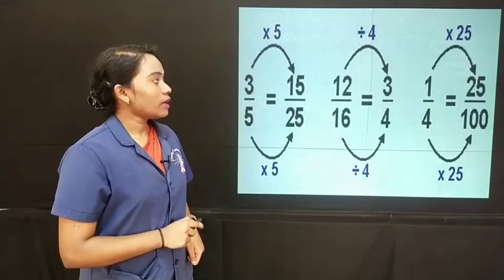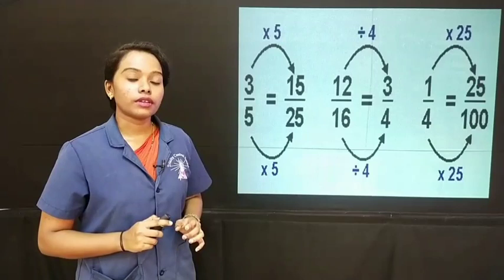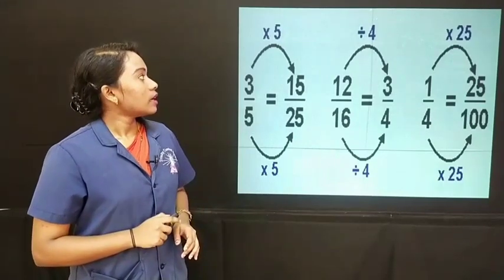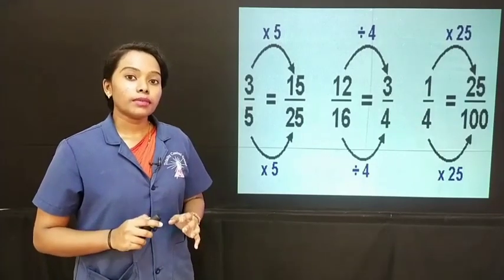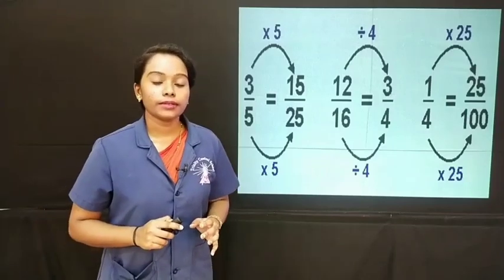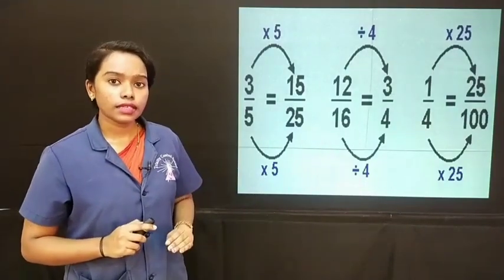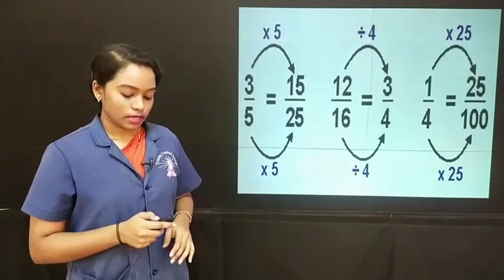See here, 12 by 16. You have to be careful when you are using division. You have to choose a number in such a way that both the numerator as well as the denominator should be divided by the same number.